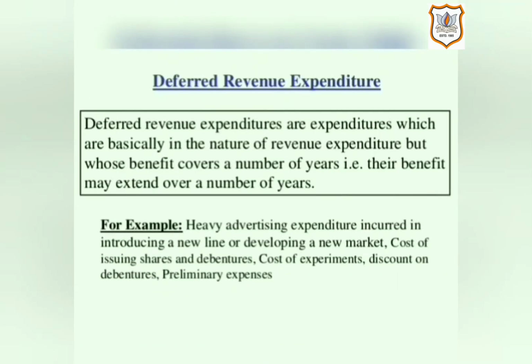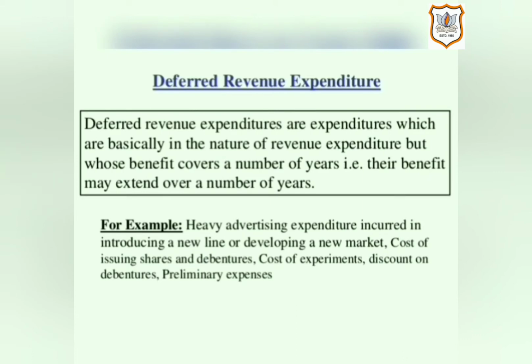Now the next term is deferred revenue expenditure. These expenses are known as fictitious assets. Deferred revenue expenditure is revenue expenditure in nature, but is written off or charged over more than one accounting period. Or we can say that it is a large sum of revenue expenditure incurred in some cases.